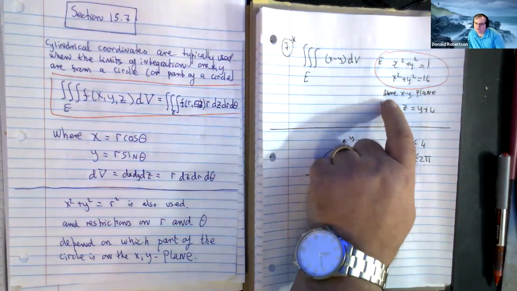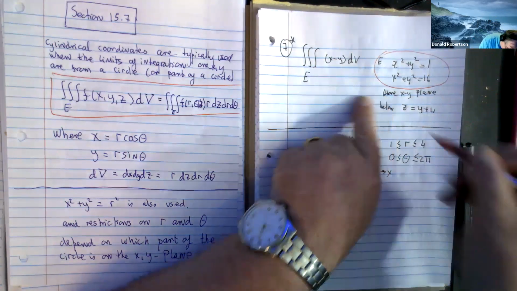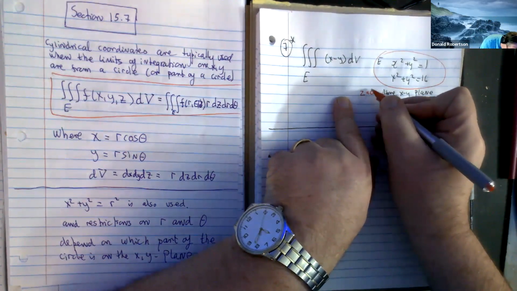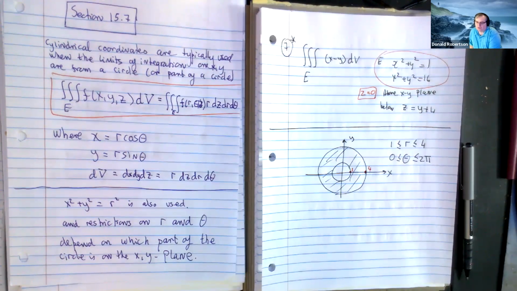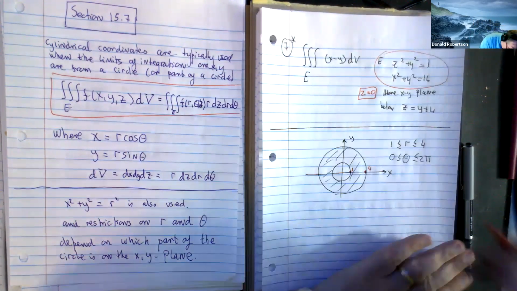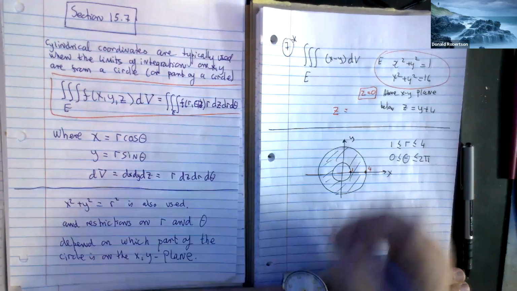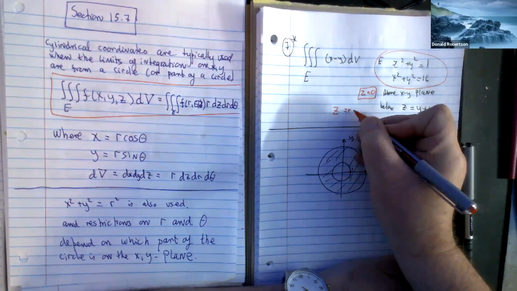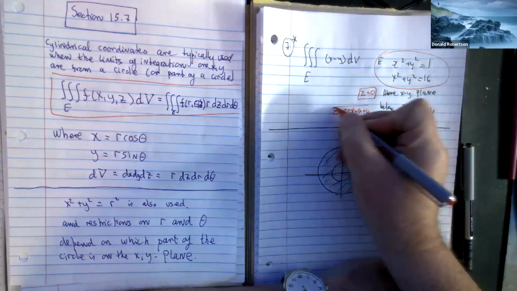Now, if you look at z, when they say it's above the xy plane, do you know that's just another way of saying z equals 0? Because the xy plane is z equals 0. And this guy, well, I wish I could keep him as y plus 4, but I can't. I have to turn him into r sine theta, which is what y is, plus 4.